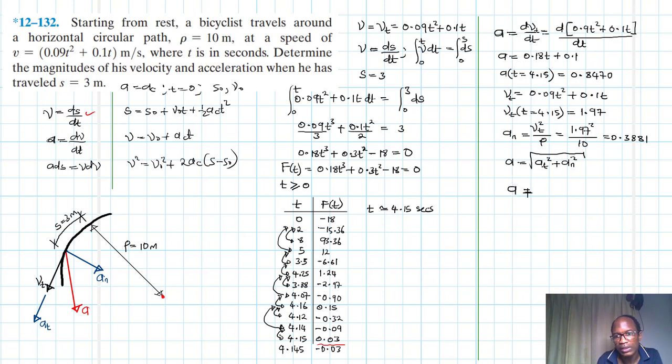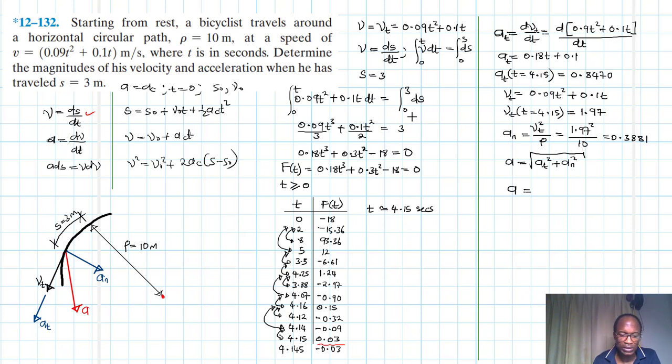Therefore our a is just equal to the square root of 0.3881 squared plus a_t itself, which is 0.8470, squared.